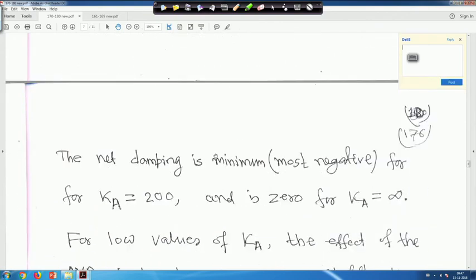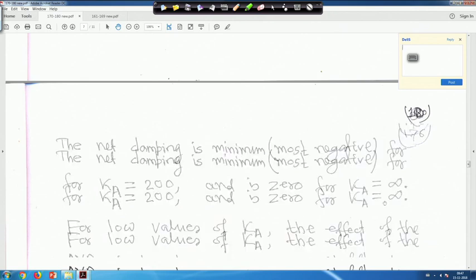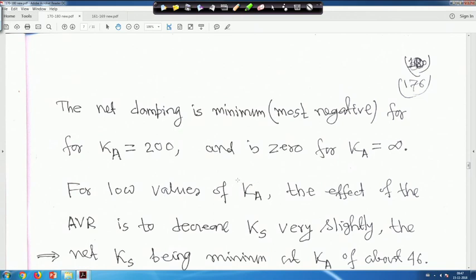The net damping is most negative for K equal to 200 and is 0 for K equal to infinity, right. This one you please do as an exercise, take K tends to infinity, right.